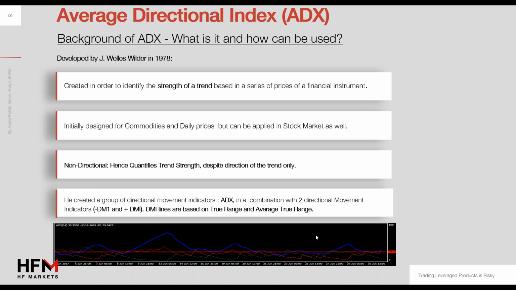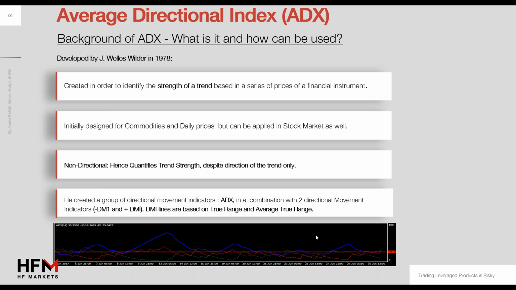Nothing more, nothing less. It's strictly the strength or weakness of the trend. So it's a non-directional indicator. It quantifies a trend's strength regardless of whether it is up or down. Don't be confused. Put a note for it.